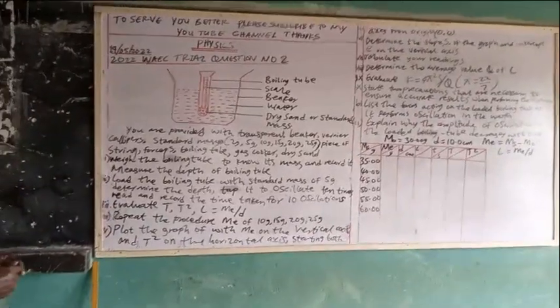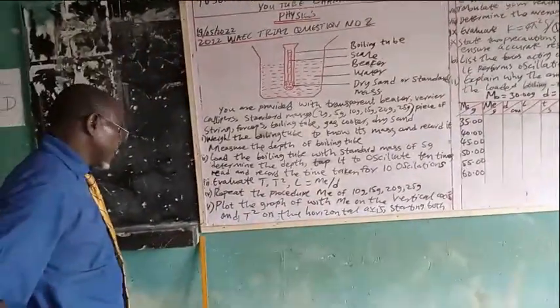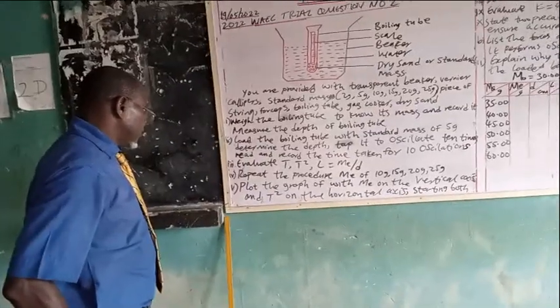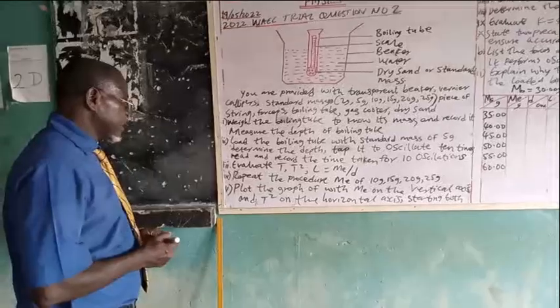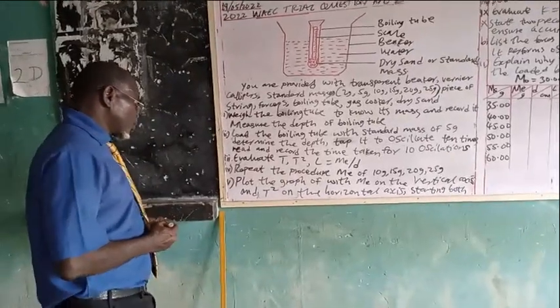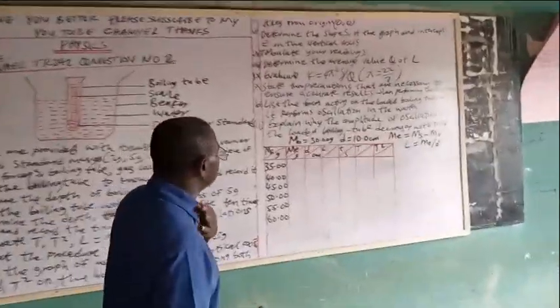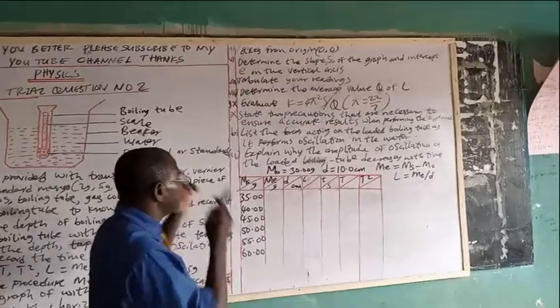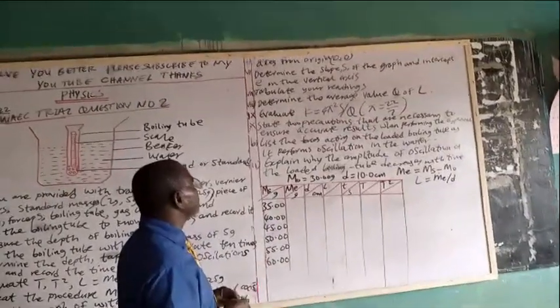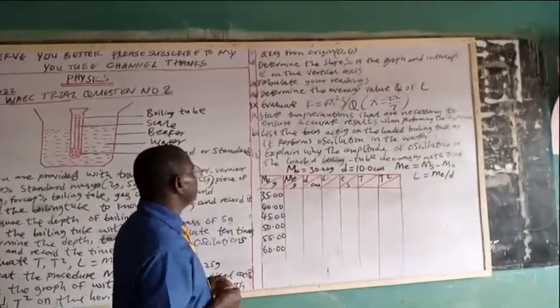Repeat the procedure for M of 10 gram, 15 gram, 20 gram, 25 gram. 5. Plot the graph with M on the vertical axis and T squared on the horizontal axis, starting both axes from the origin. 6. Determine the slope S of the graph and the intercept E on the vertical axis. 7. Tabulate your readings.